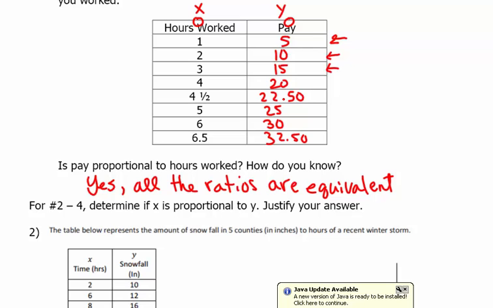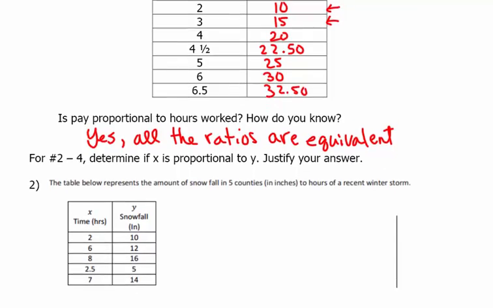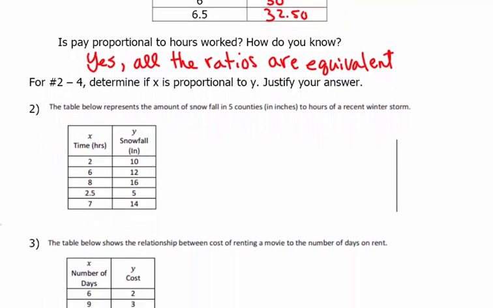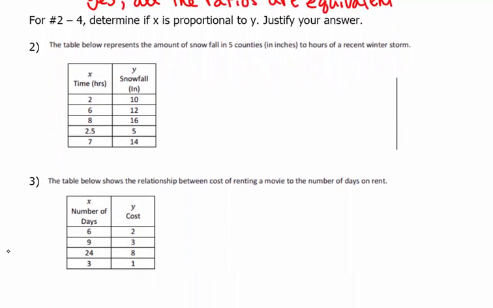For number 2 through 4, determine if x is proportional to y. Justify your answer. So in this case, the table below represents the amount of snowfall in 5 counties. 10 over 2 would be my ratio for the first one, that's 5. 12 over 6, that's 2. So automatically I know that it's not proportional because they're not all equivalent ratios.